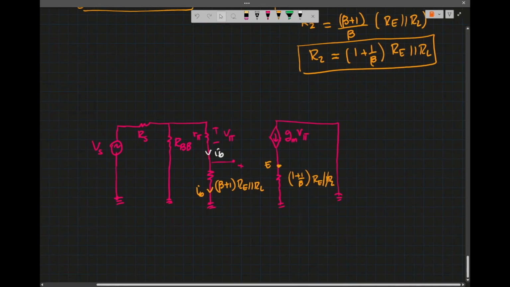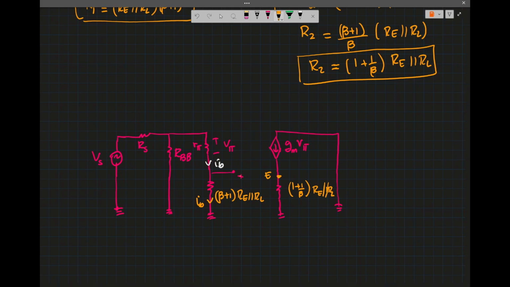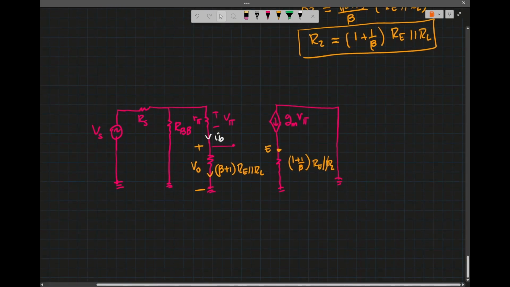Okay, so the output is found from the emitter. So this is V0.